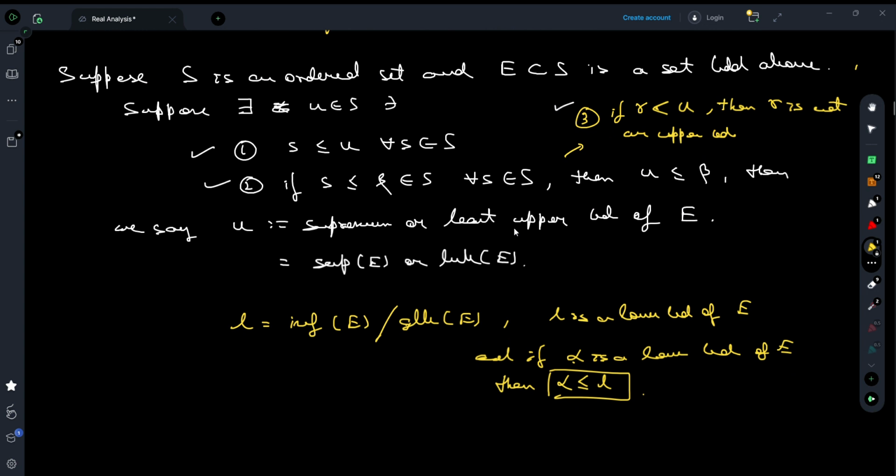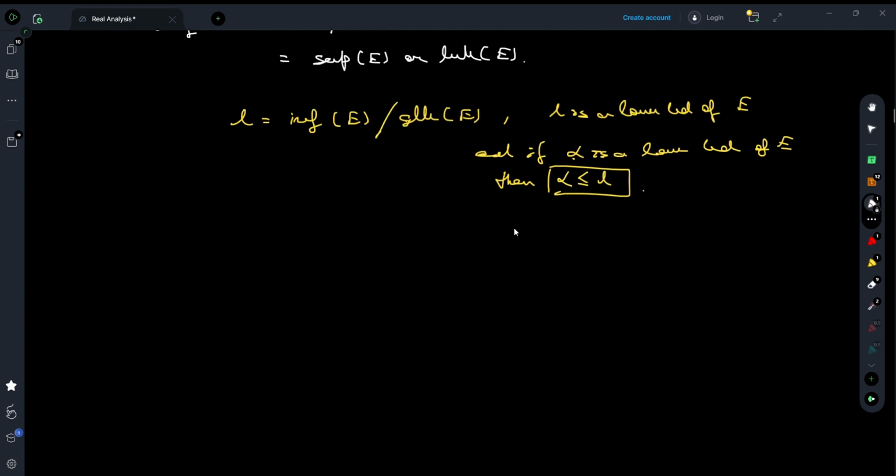In a very simple sense, the least upper bound is the smallest of the upper bounds, and the greatest lower bound is the greatest of the lower bounds.